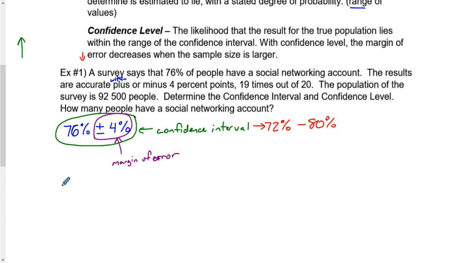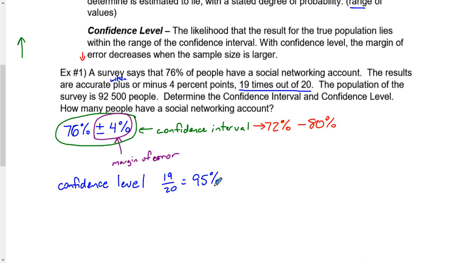Now the confidence level typically has 3 different values. Either it's 90, 95, or 99. And that's actually what this is. If it's accurate 19 times out of 20, it's 95%.